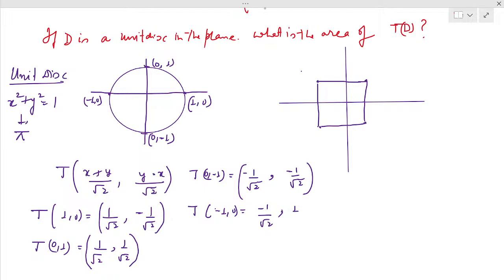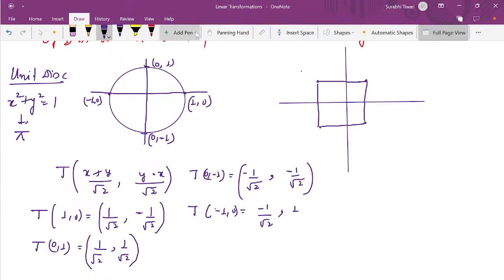I'll have to think upon this. How will it transform? That is a difficult thing to say. Let me help myself with something like this. Just give me a minute.